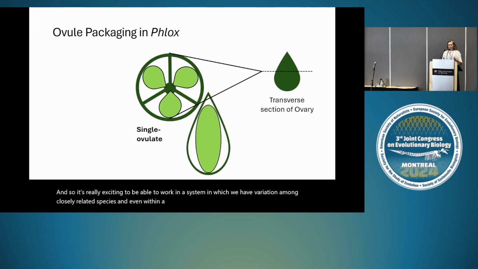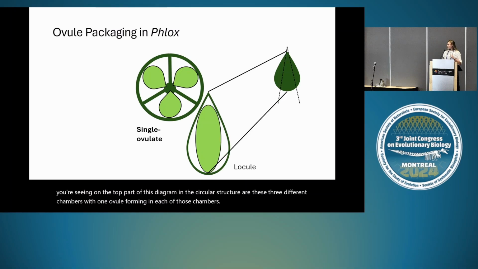So just to give you a crash course on how to understand ovule packaging in phlox, phlox produce 3 chambers per ovary. What you're seeing on the top part of this diagram in the circular structure are these 3 different chambers with 1 ovule forming in each of those chambers. On the lower portion of this diagram, you're seeing an exposed locule, and again, 1 ovule is forming in this chamber.